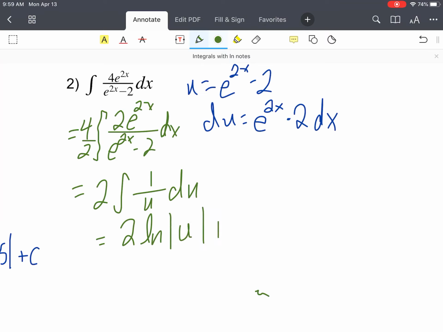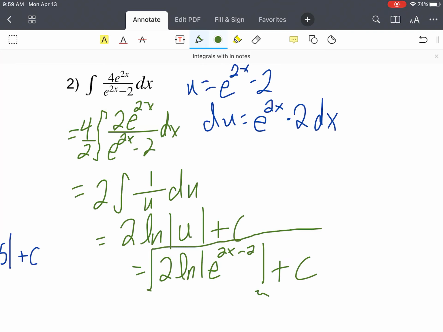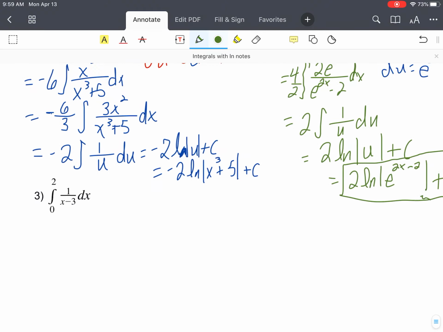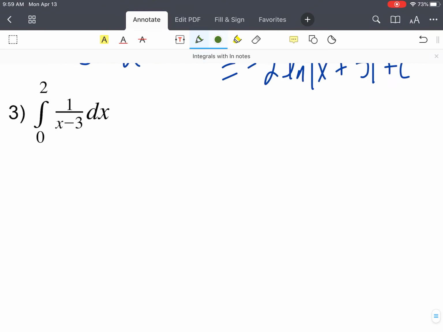So if I take the integral here, it'll be 2 on the natural log of the absolute value of u plus c, which is 2 on the natural log of the absolute value of e to the 2x minus 2 plus c. And there's our answer. All right. If I went through that too fast, luckily you can just back up and watch it again.